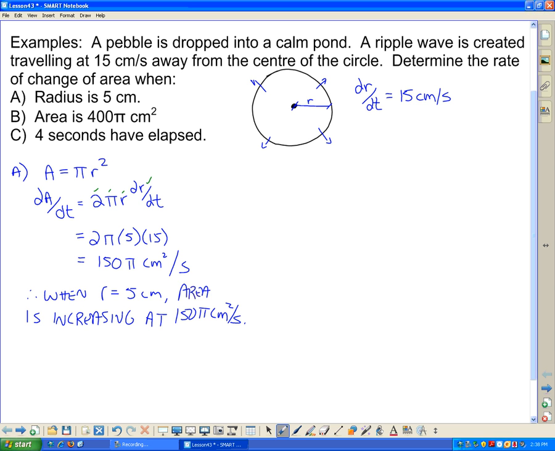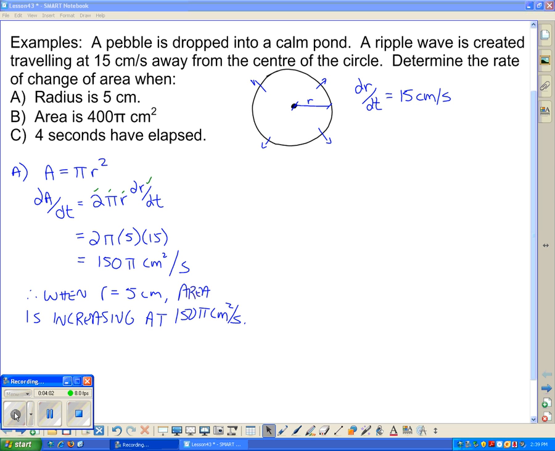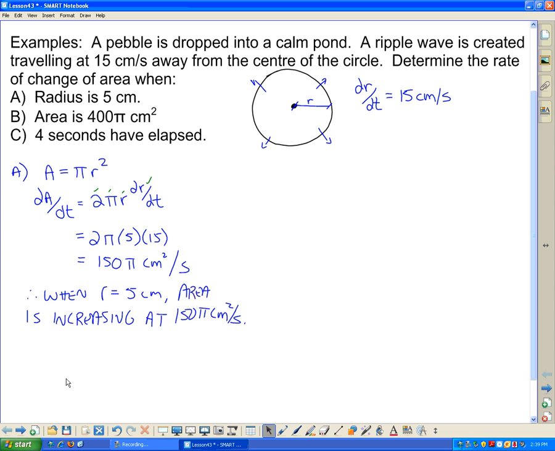All right, so the next question then. Part B, the area is 400 pi centimeters squared. So there will come times when we're looking for change in area, and we already know that.